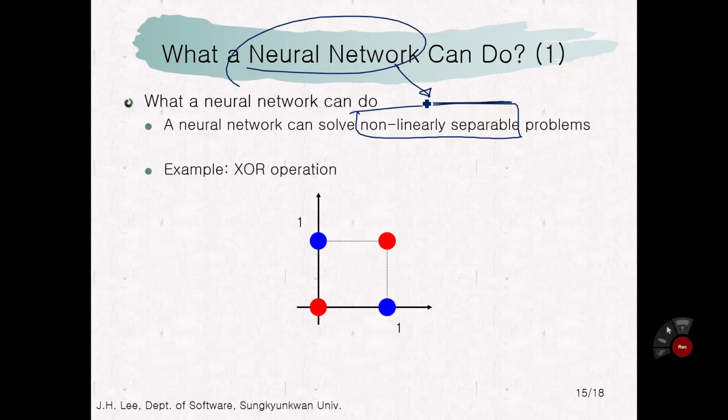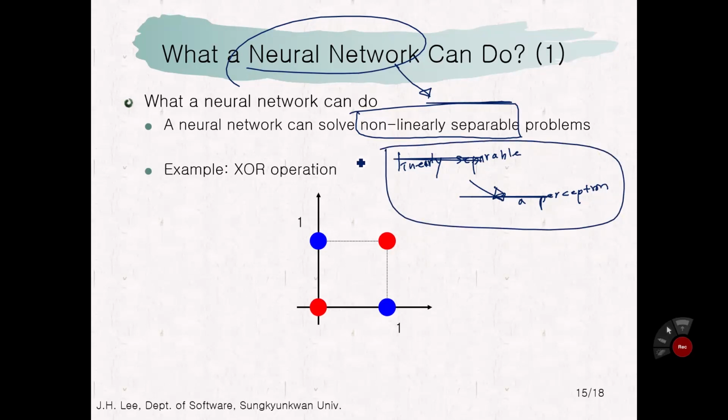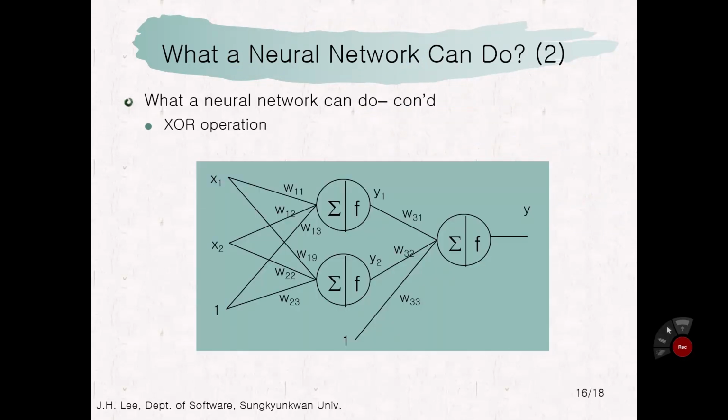If you have a non-linearly separable problem, then you have to use a neural network. But if you have a linearly separable problem, then you do not need a neural network. A perceptron is enough. But if you have a non-linearly separable problem, yes, you have to have a neural network.